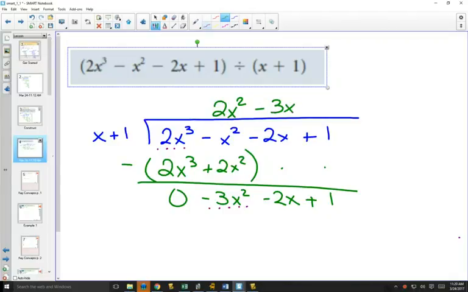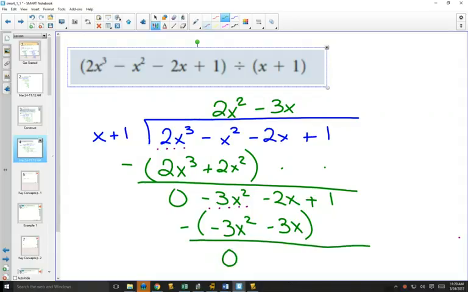That's going to go above our x column. Negative 3x times x is negative 3x squared. Negative 3x times a positive 1 is negative 3x. Put brackets around and subtract. Sure enough, that'll be 0. Negative 2x minus a negative 3x is plus x, and then we still have the plus 1.